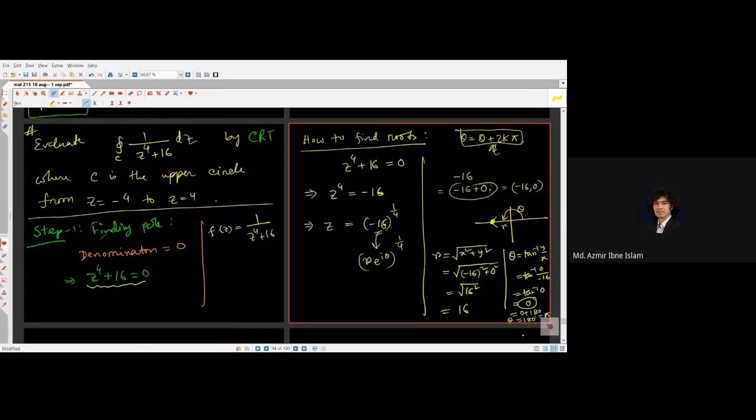Is that okay? Can you remember your previous contents? We are just using these concepts. So we have found r and θ, that is z. So z equals r, the value of r is 16, then e to the power iθ, where θ is π.